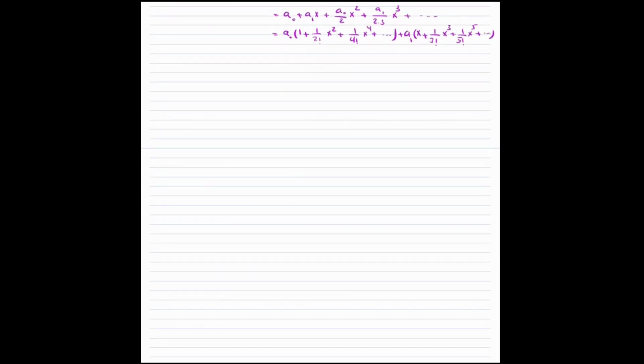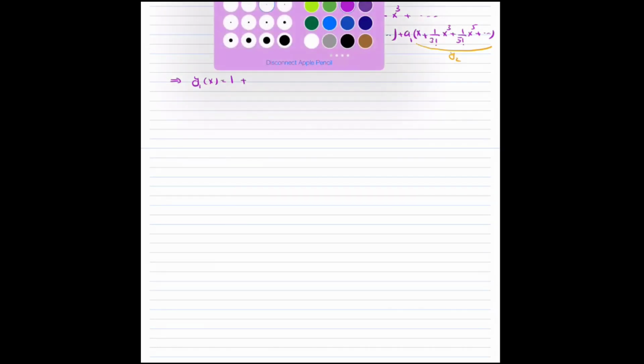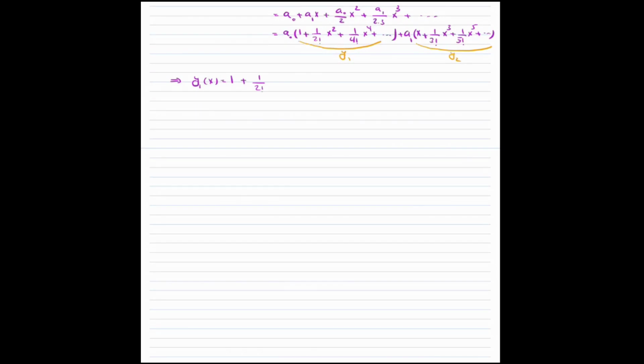So we can get our y1(x) equals the first portion of the previous one: 1 plus x squared over 2 factorial plus x to the power 4 over 4 factorial, and it keeps going.